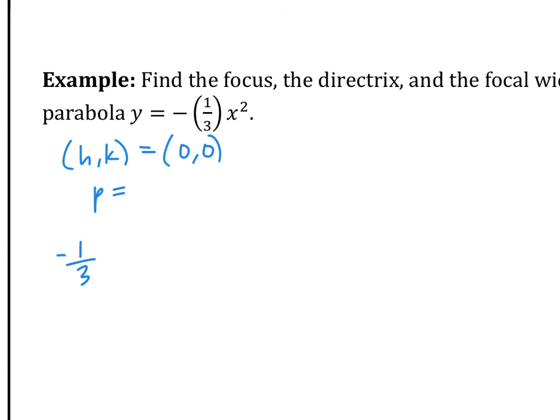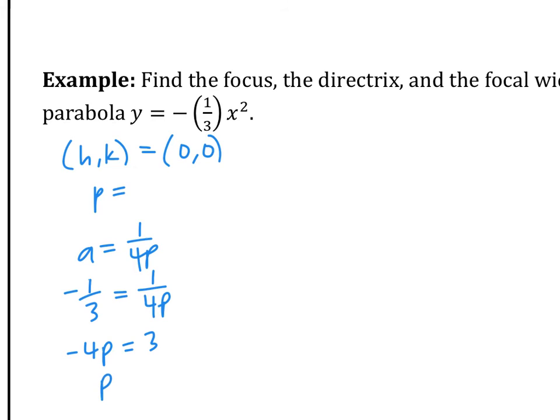So remember that a is equal to 1/4p, and a in this case is -1/3, so that's equal to 1/4p. You're going to end up with a negative p, but it doesn't really matter. I just keep it positive anyways. Cross multiply, -4p is 3, so p is -3/4.